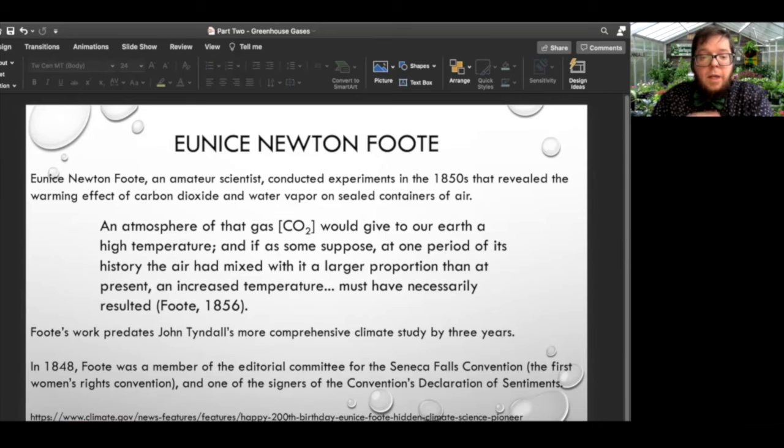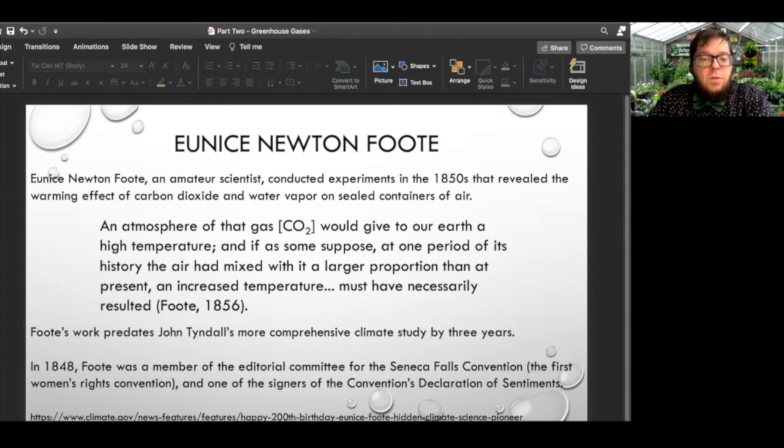Now, what I quoted here is the closest evidence I could find that Eunice Newton Foote was talking about climate effects of these gases, of greenhouse gases. She certainly was not predicting that this was about to happen, nor was she going off of data that suggested it was already starting to happen.